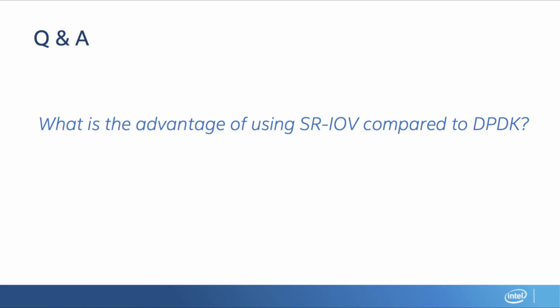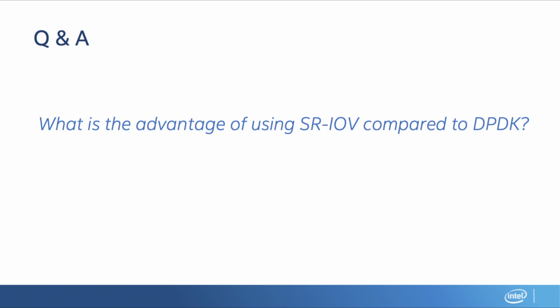What are the advantages of using SRIOV compared to DPDK? So with SRIOV, what you're doing is you're passing your actual physical device, in this case a virtual function, to your VM. And so the host stack does not come into the picture here.